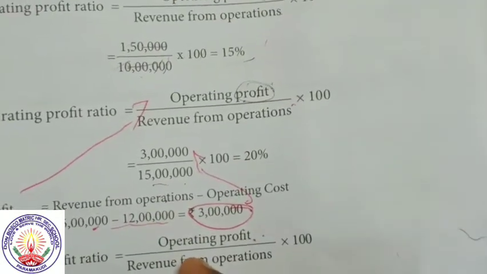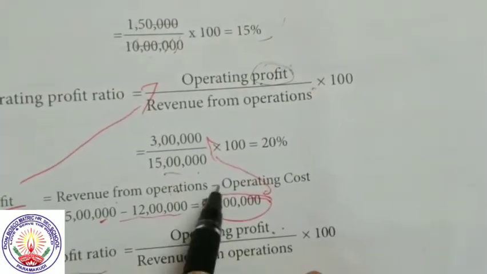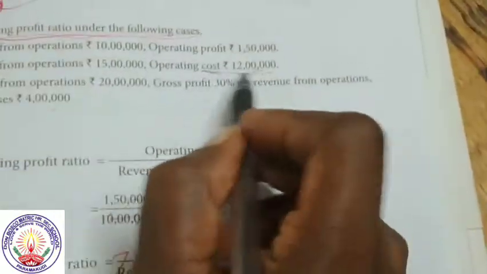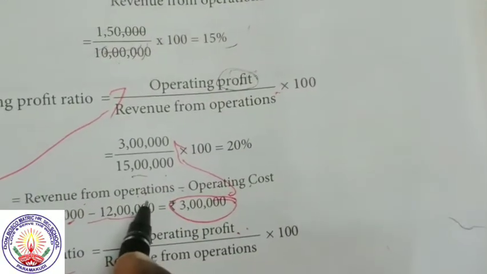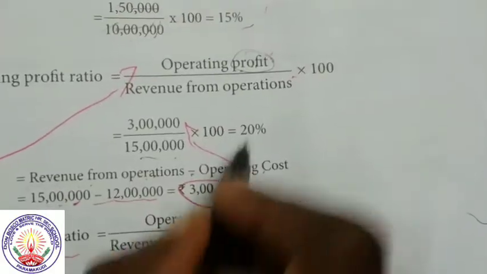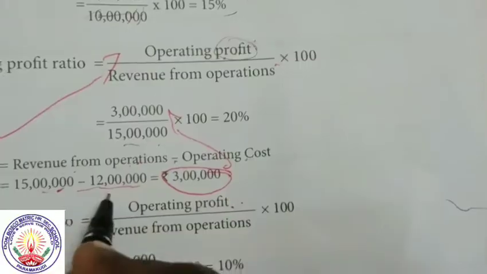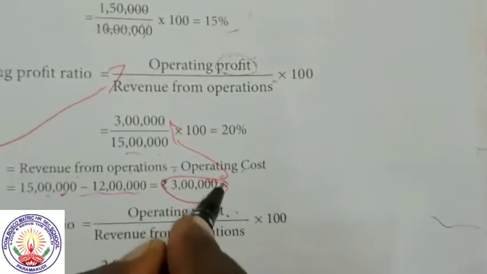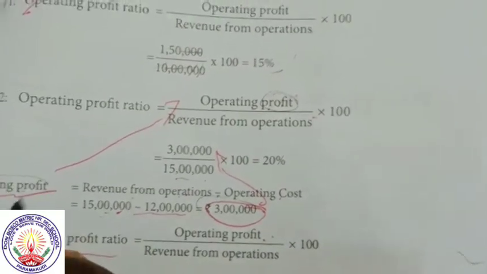Operating profit is calculated as revenue from operation minus operating cost. Revenue from operation 15 lakhs minus operating cost 12 lakhs is 3 lakhs. This is the operating profit.